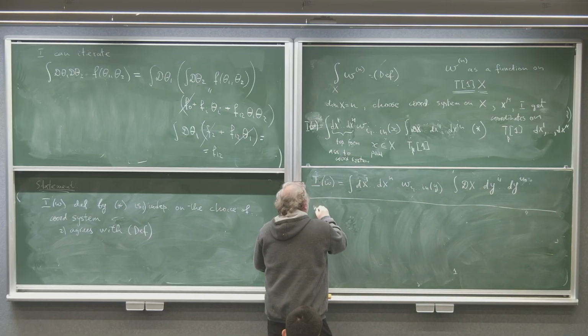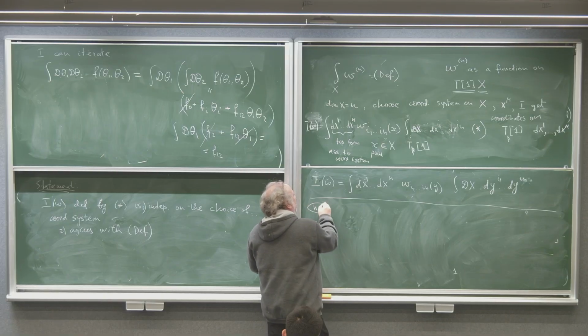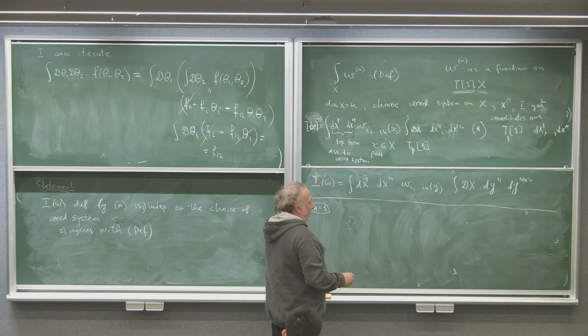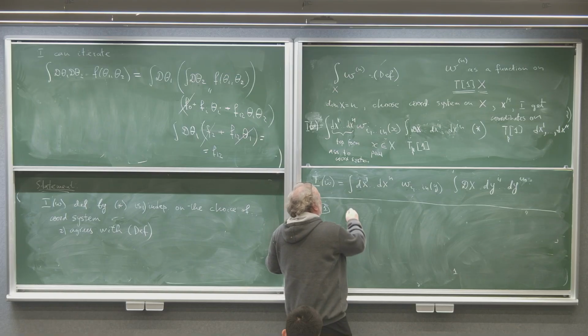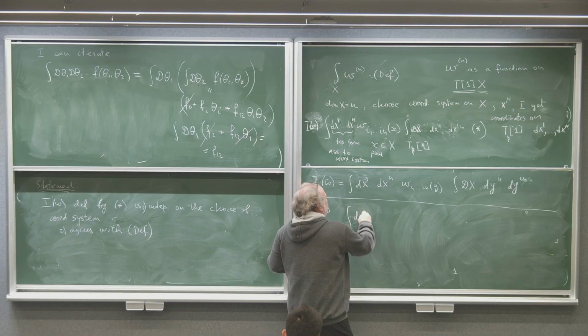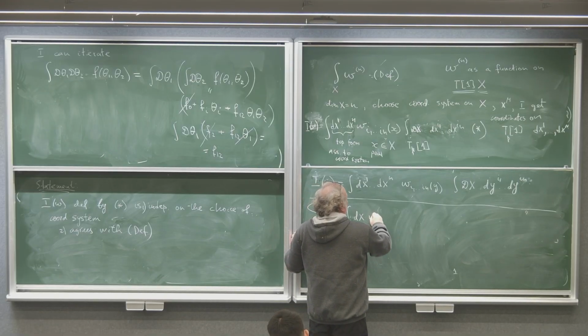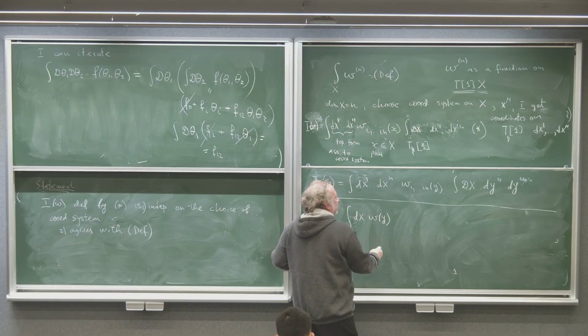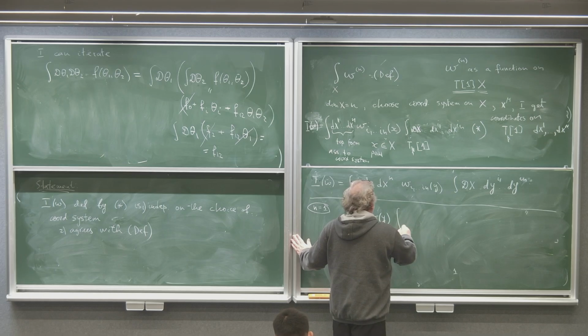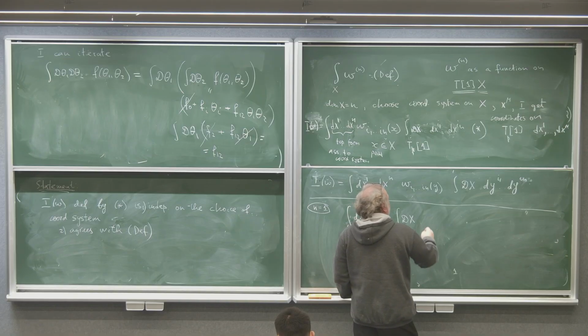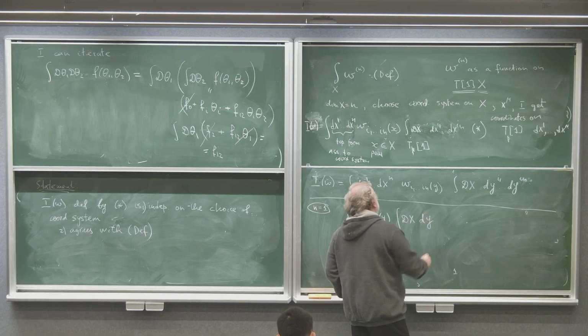Still, I'm trying to do example n equals 1. In example n equals 1, I have integral over dx. Here I have omega of y. Here I have Berezin integral over dx, and here I have dy.